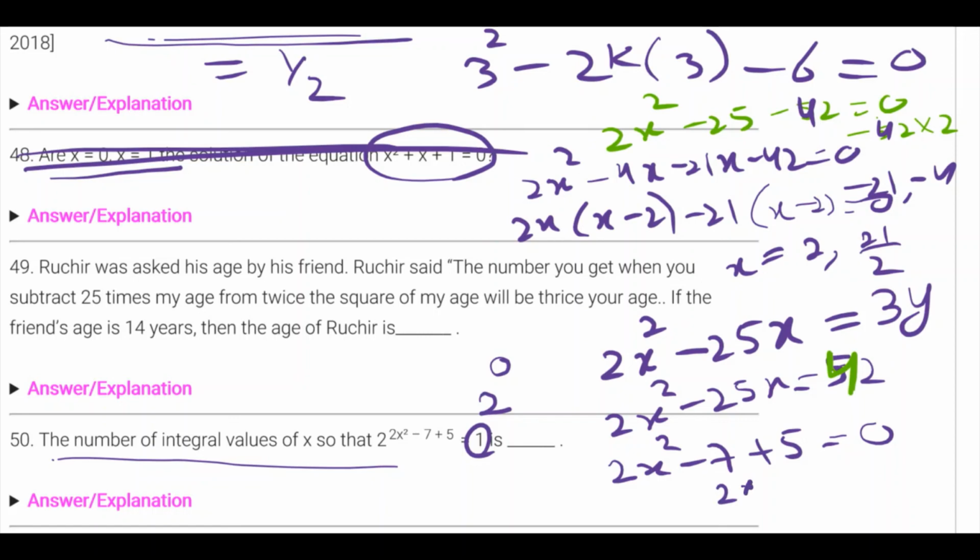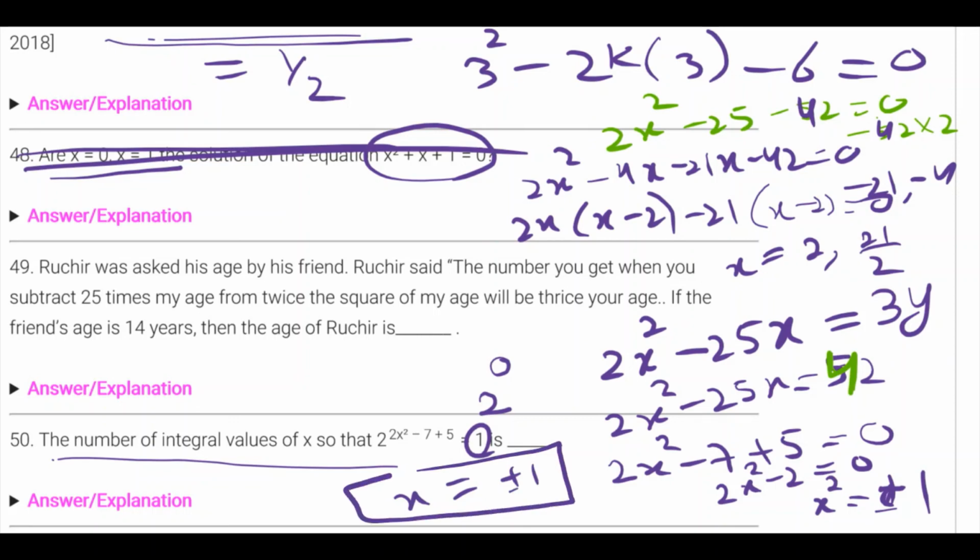So the exponent should equal 0, so 2x square minus 2 equals 0, and x square equals 1. So x equals plus or minus 1. So these are the integral values of x.